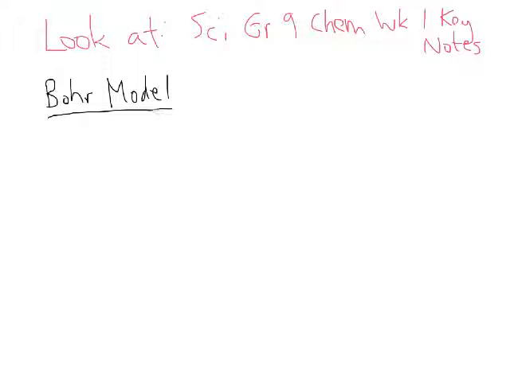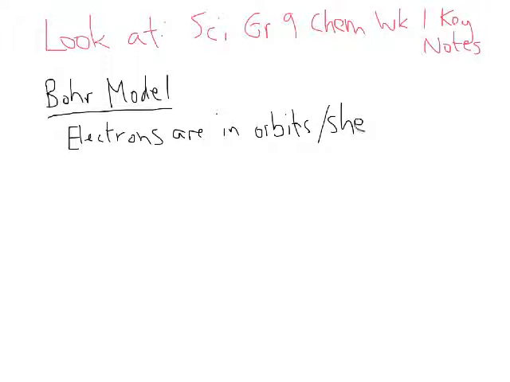So with the Bohr model, the idea is that the electrons are in orbits or shells. Shells is kind of a better word because it reflects the idea that the electrons are actually in three-dimensional space.